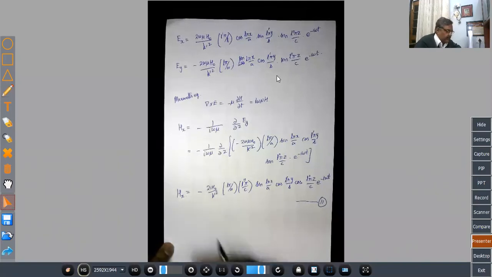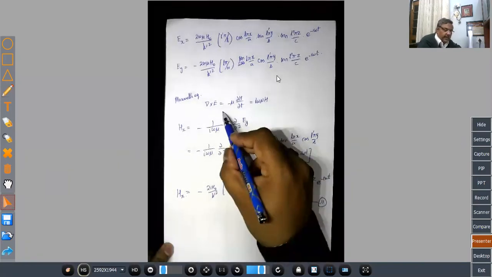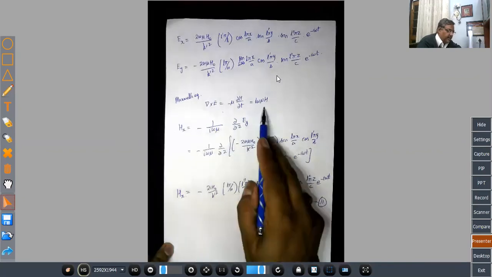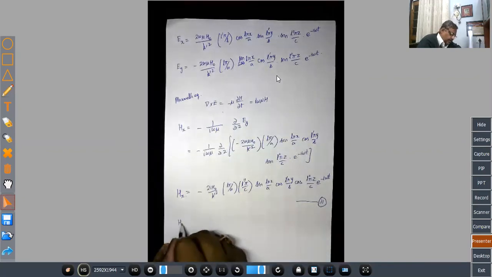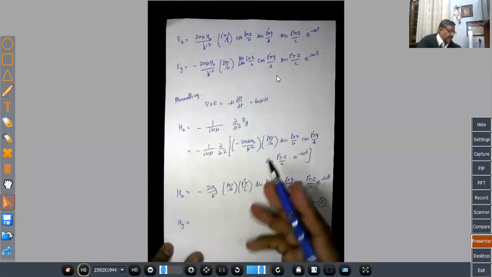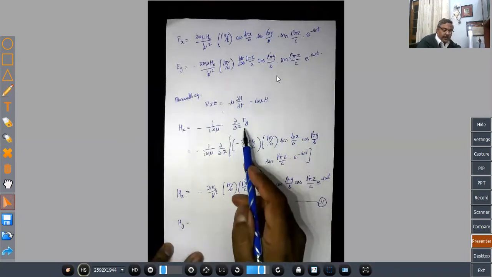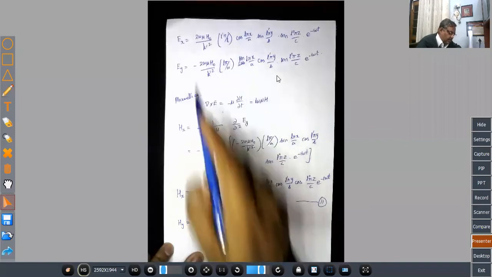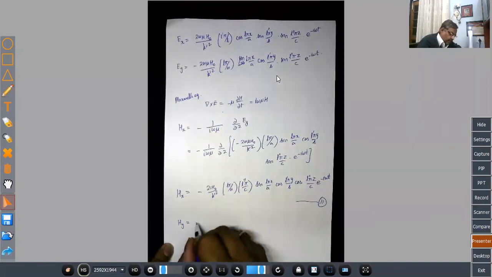Similarly, from the Maxwell's equation, we can find the Hy component, and in that we will substitute the value of Ex from here in Hy.